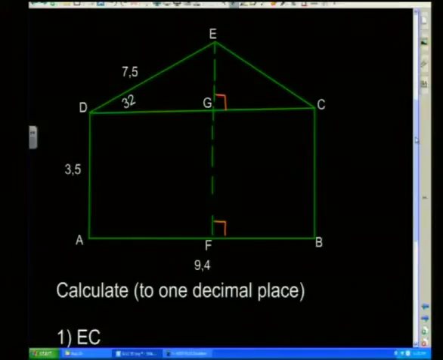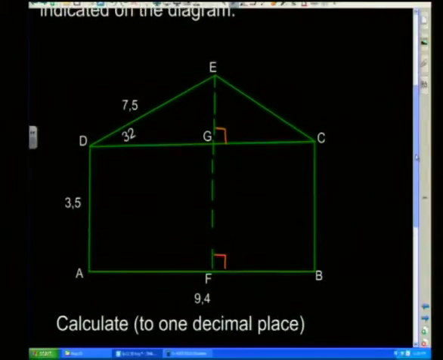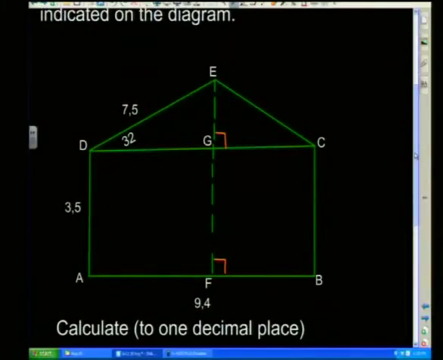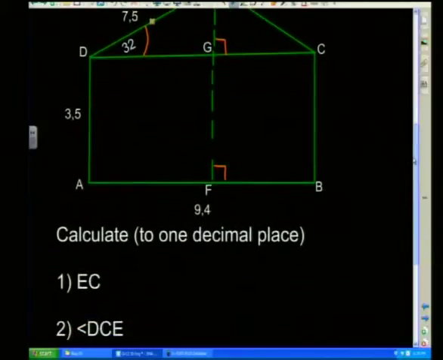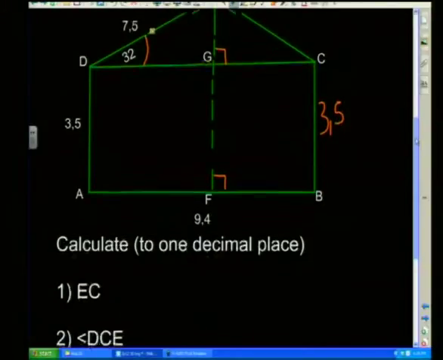Before we look at the question, let's see what we can mark down. We are given that angle D is 32 degrees. We know that the length of DE is 7,5 meters, and that's about all we have in the roof section. Now the base, ABCD, is a rectangle, so if side DA is 3,5 meters, then side BC is also 3,5 meters.